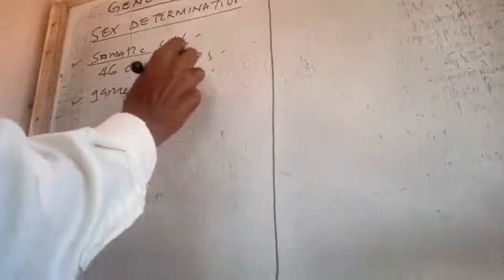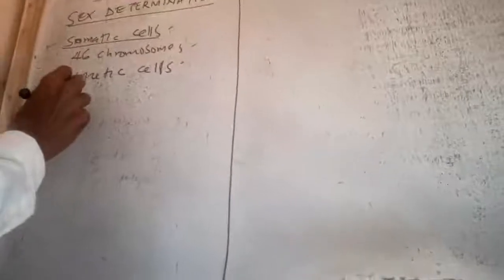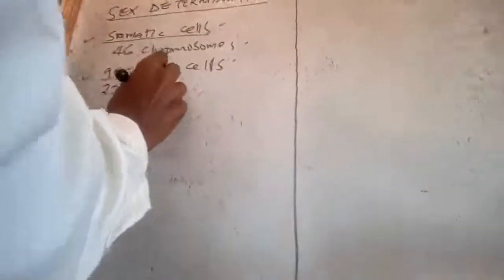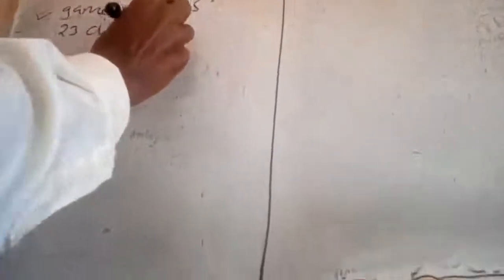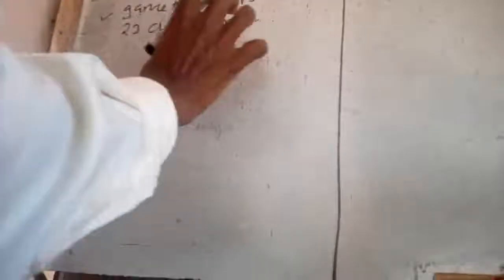As far as gametic cells are concerned, one gametic cell contains 23 chromosomes, while somatic cells normally have 46.